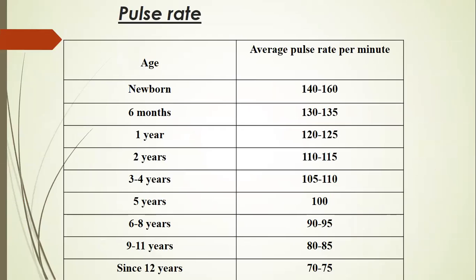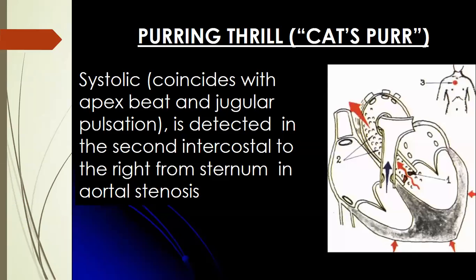As a rule, the pulse rate coincides with the heart rate, and you have to learn it during your practical studies. Using palpation, we also detect the cat's purr, and it can be systolic and diastolic.